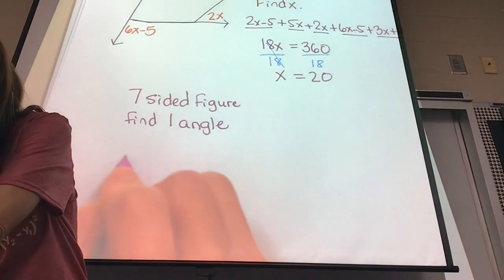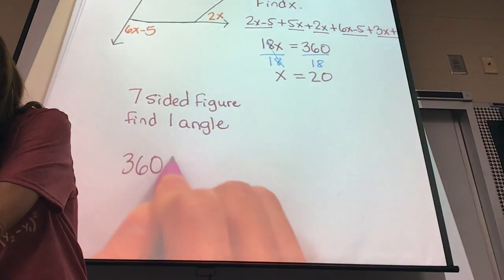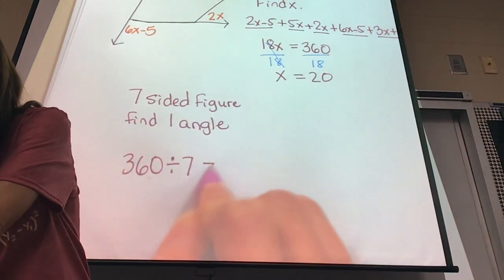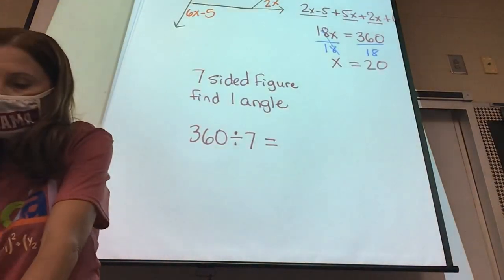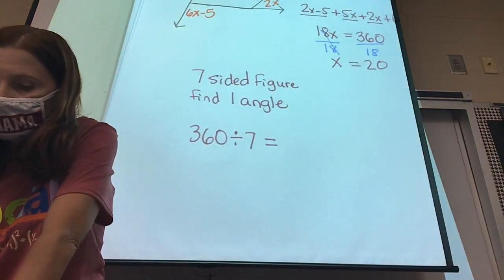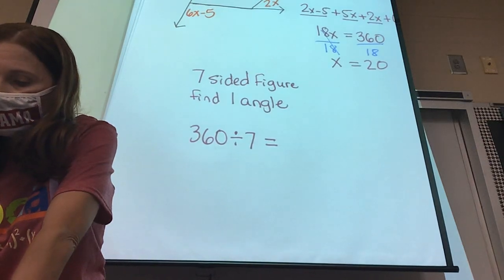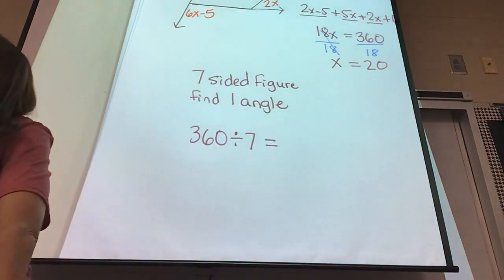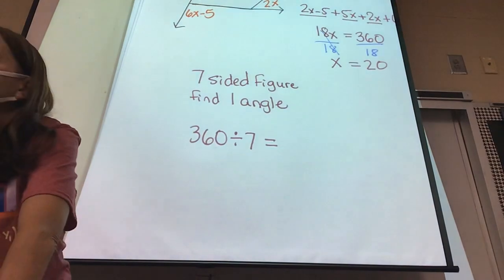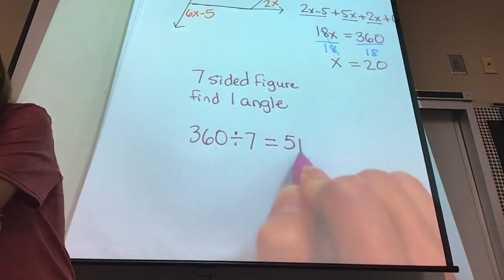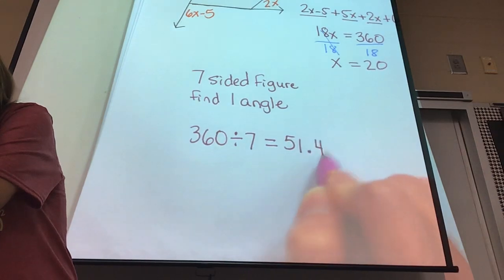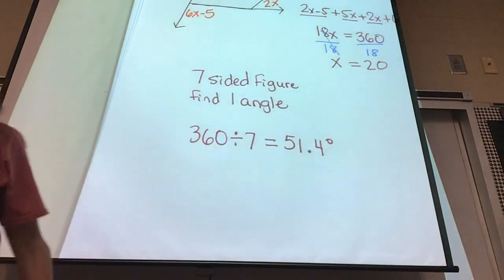You would do 360 divided by 7, and it would tell you what that one angle would be. We're going to get a decimal, so in this case, I'm just going to put it as 51.4 degrees.